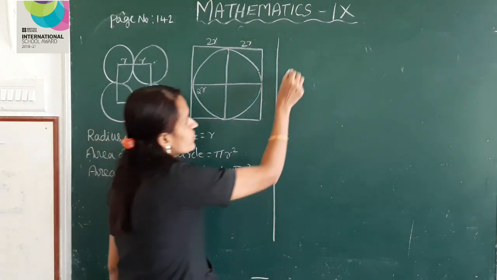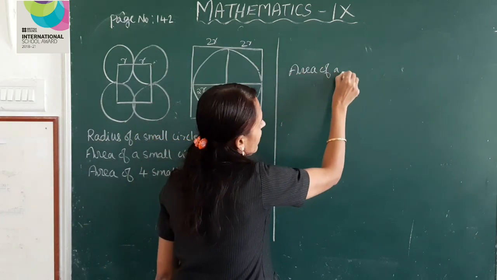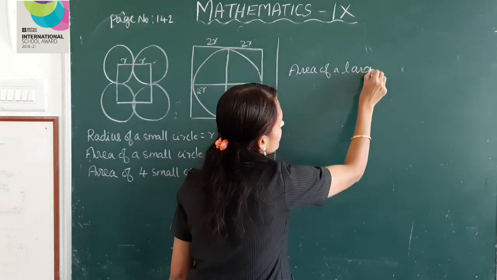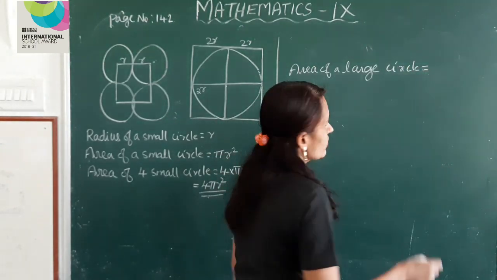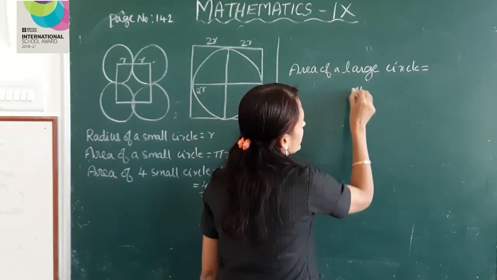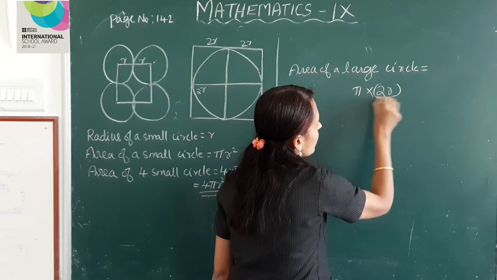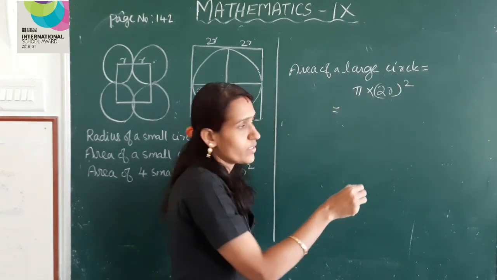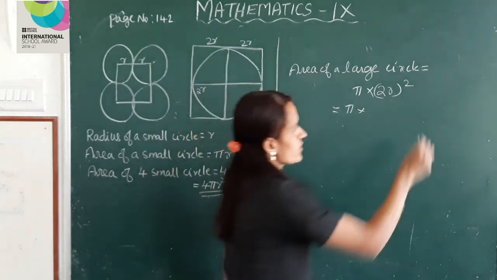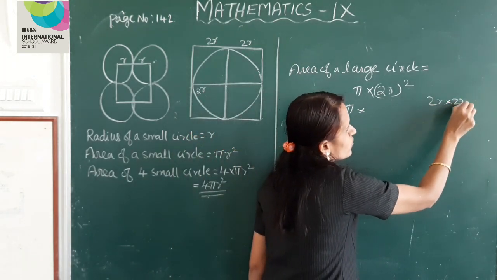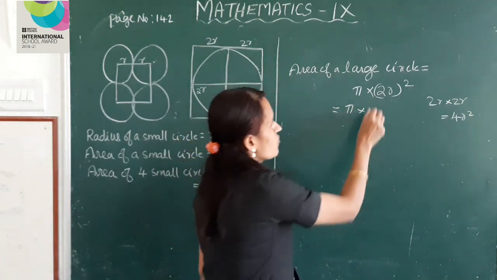Okay, so area of a large circle is equal to pi into r square. Here r is 2r whole square. This is equal to pi into 2r whole square. That is 2r into 2r. This is equal to 4r square.